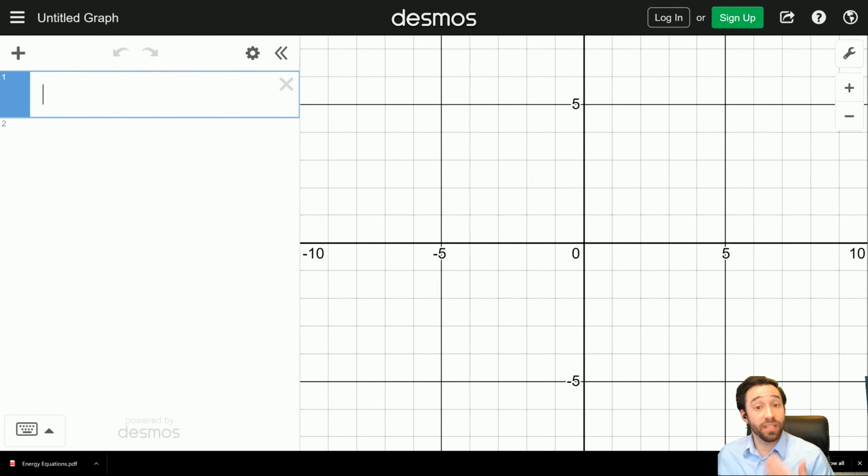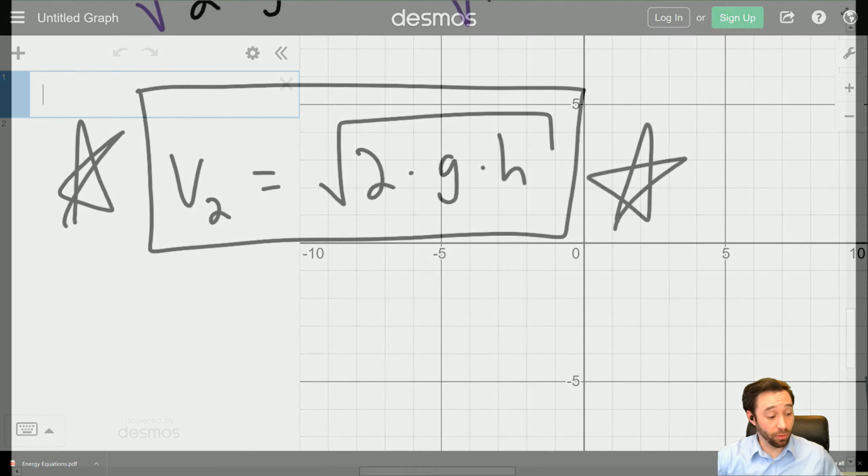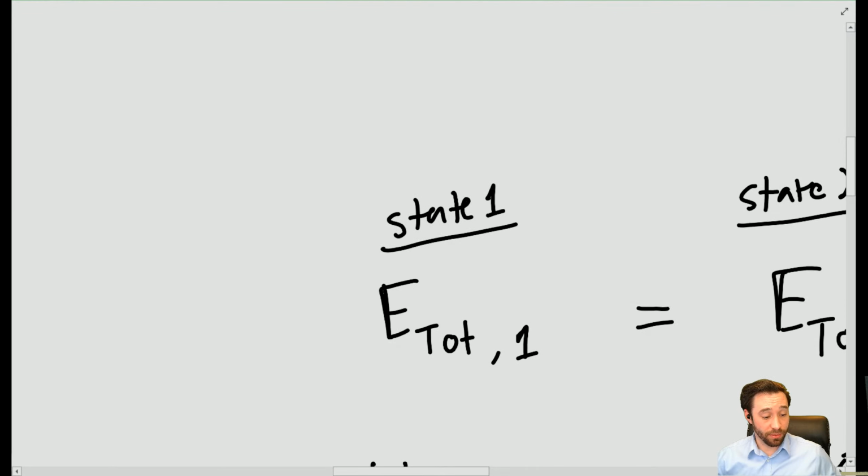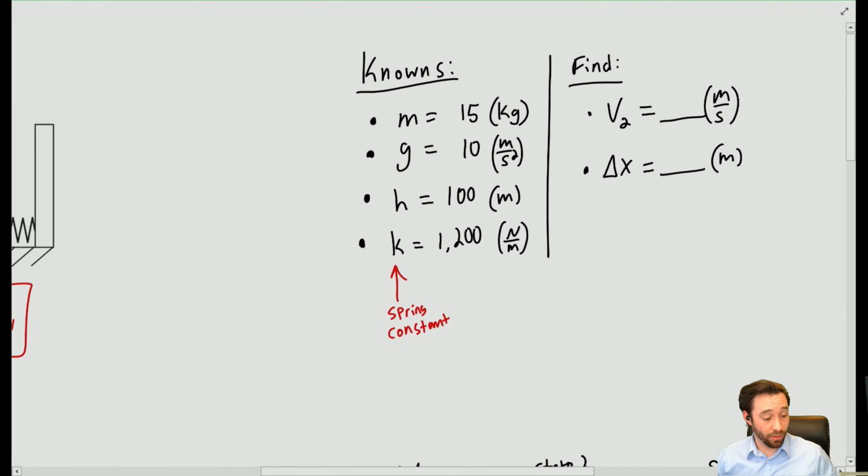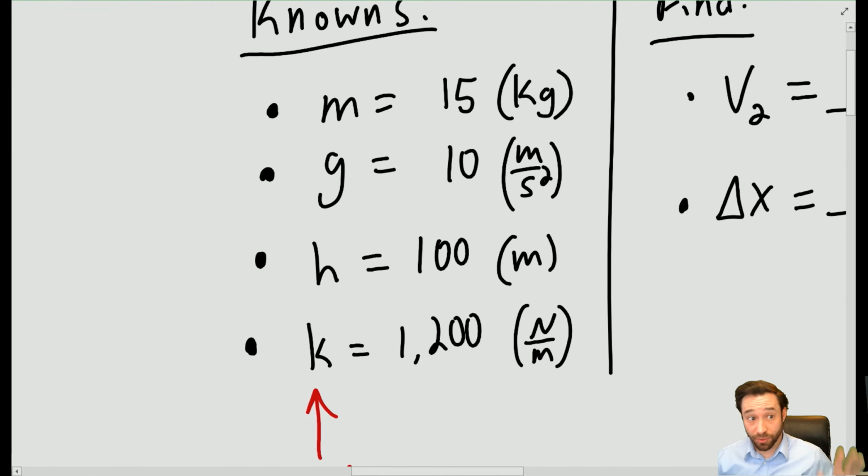So inside of Desmos, in order to make everything work properly and make sure that your order of operations is done correctly, what we can do is instead of putting the numbers in, like if you'll notice, I haven't even looked at the numbers that I gave you for the knowns. I haven't even brought those up because we don't care about that until maybe a minute or two from now. So the numbers don't matter for now.